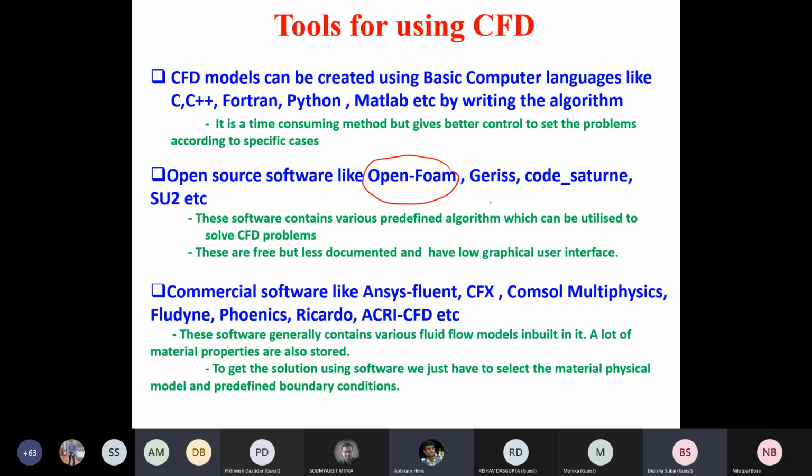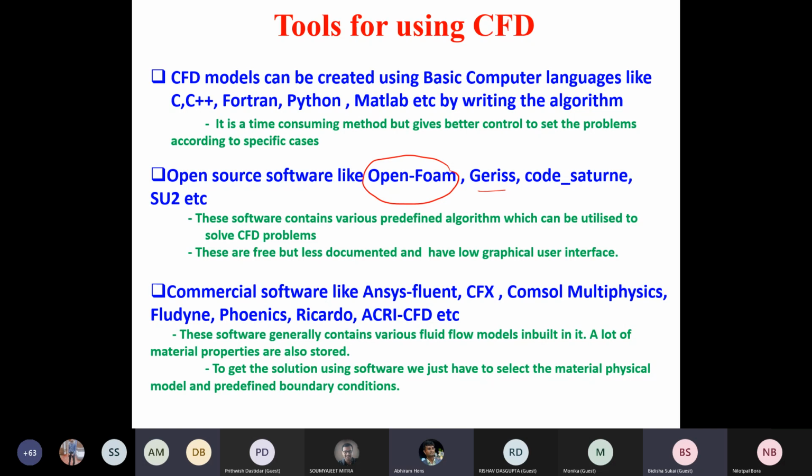Then there are some more codes available which are in a particular domain. Each of these is important. This software contains various predefined algorithms which can be used to solve CFD problems. These actually come with pre-built codes, so you have to choose the particular one and run it properly. These are free but less documented and have a low graphical user interface.